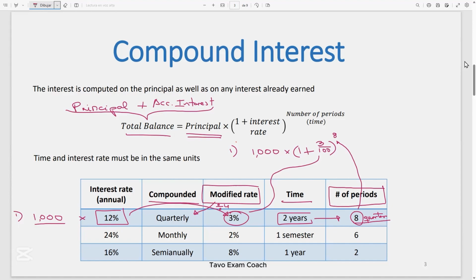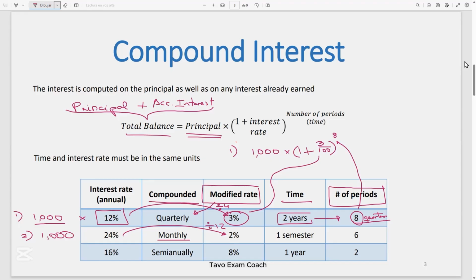The second example, imagine that you have also $1,000 placed to earn interest at an annual rate of 24% compounded monthly for 1 semester. So do the same. Since the frequency is monthly, divide 24 by 12 to obtain a monthly rate.